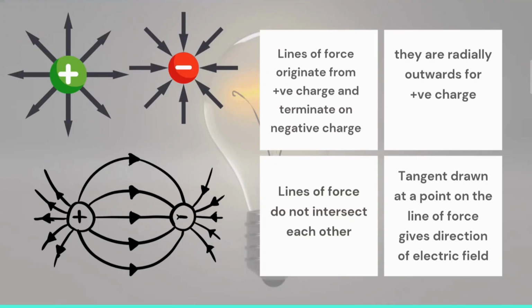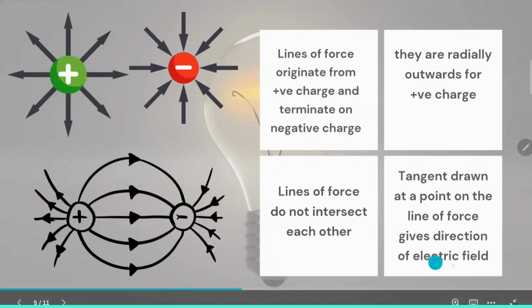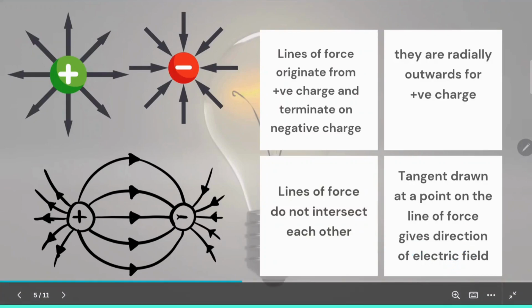They have an originating point and a terminating point. So they are called open continuous curves, and those curves do not intersect each other. Next is the tangent drawn at a point on the line of force, which gives the direction of the electric field. I will explain that to you. Listen to this.